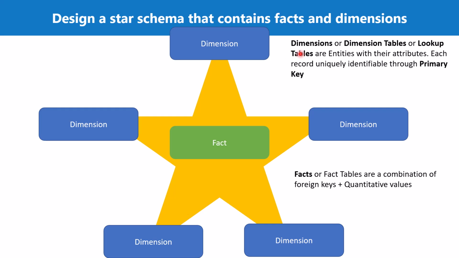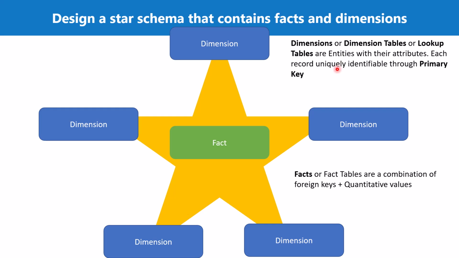We have already mentioned what dimensions are. So here it says dimensions or dimension tables or lookup table. So there is another name in the literature if you find that. It actually refers to the dimension or dimension tables, which is the lookup table. So it says that dimensions or dimension tables or lookup tables are entities with their attributes, each record uniquely identifiable through primary key.